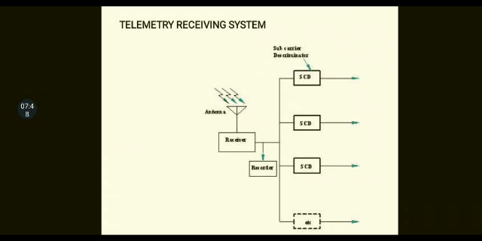The same frequency will be received here, tuned, discriminated, and the output is given to some device, which is a recorder or a displayer or some sort of indicator, like a light indicator, yes or no, a red light, a green light, something like that, or a meter number, etc. So this is how one discriminator works.